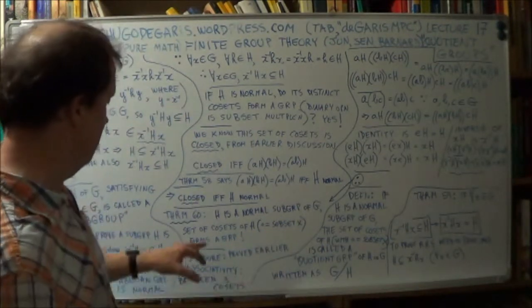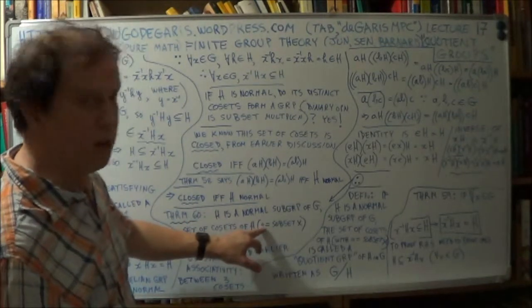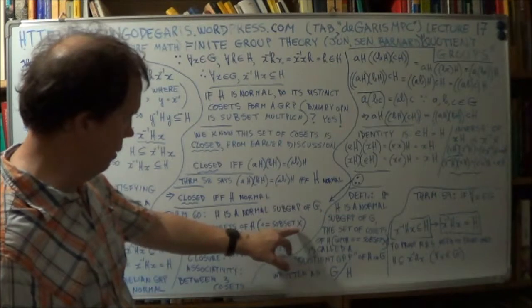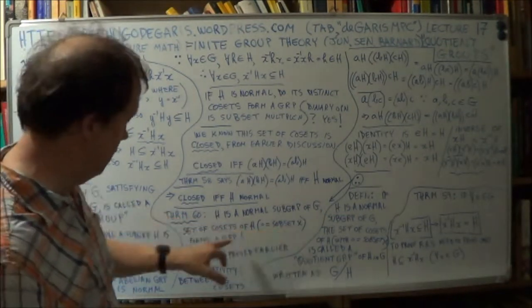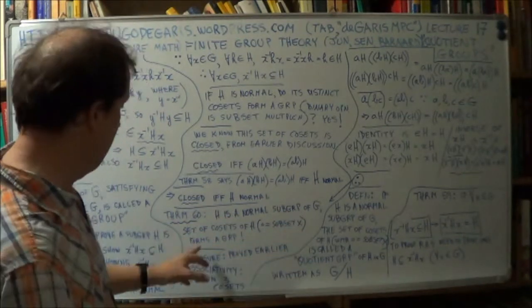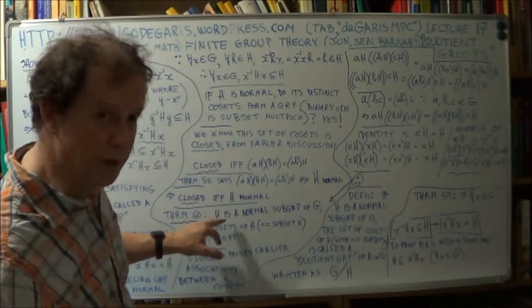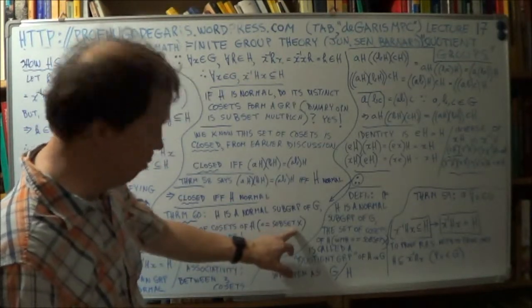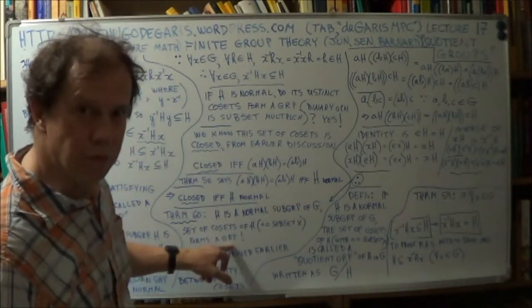So you're given this set of cosets of H, the binary operator is subset multiplication. In other words, your subsets here are the cosets, so you're multiplying two cosets. That duo, the set of cosets with this binary operation, forms a group.